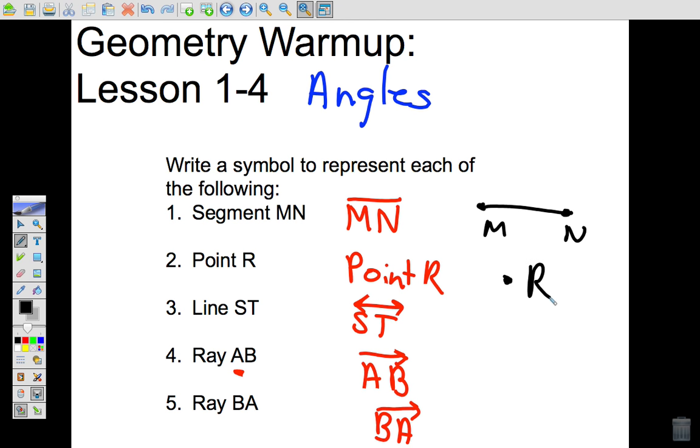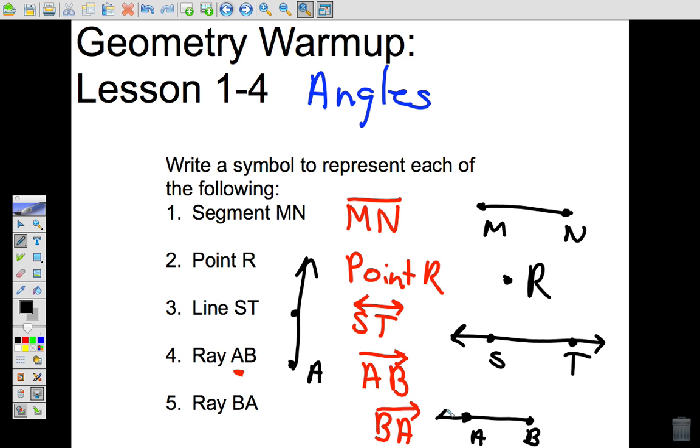A line ST, so I have a line, and on that line I have 2 points, S and T, or T and S. Ray AB, the ray is going to start at A, go through point B, and keep on going, so something like that. And then finally, ray BA starts at B, goes through A, so I'm going to have B and A, and I'm going to have the ray maybe going like that. You'd still write it like this, though. The symbol always points to the right.